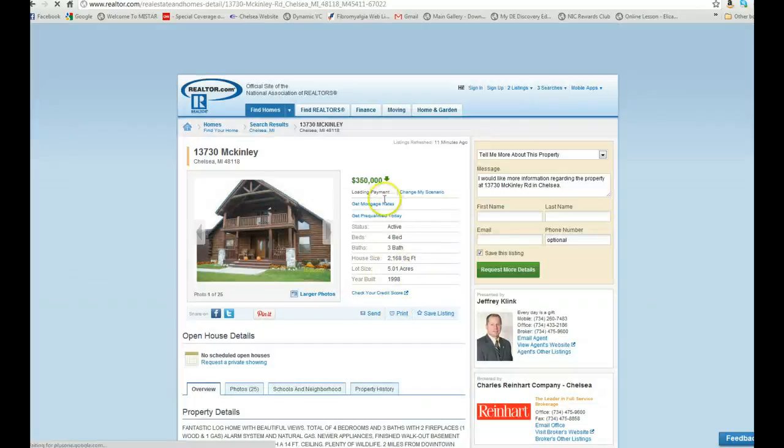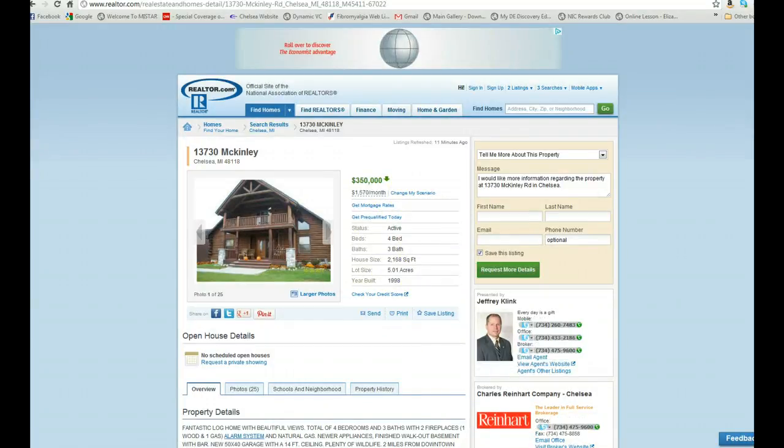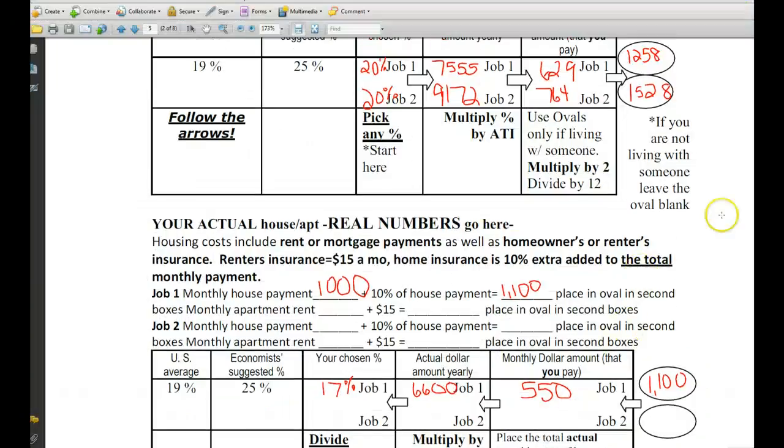Four bedrooms, three bath. So $1,570 a month. If I look at my budget, I could afford $1,528.